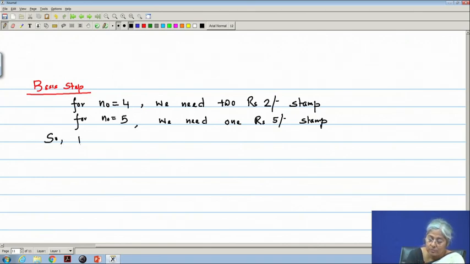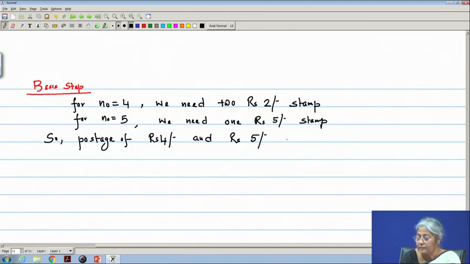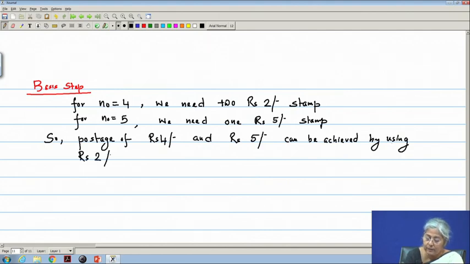So, postage of ₹4 and ₹5 can be achieved by using ₹2 and ₹5 stamps.